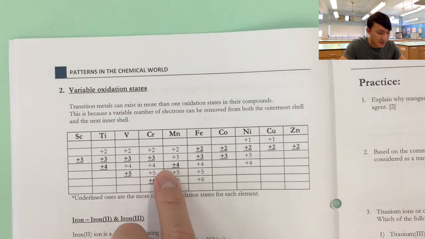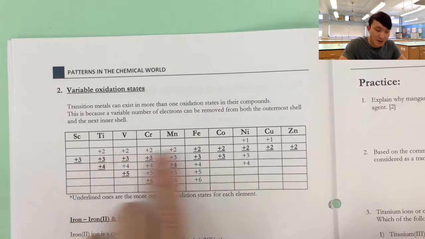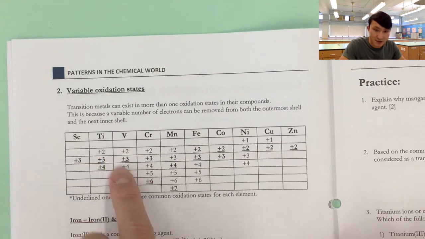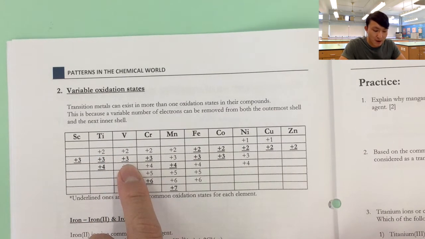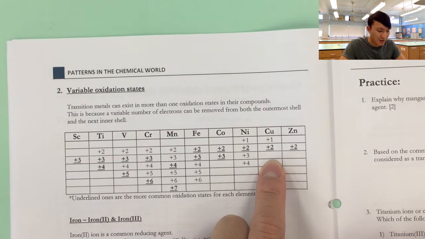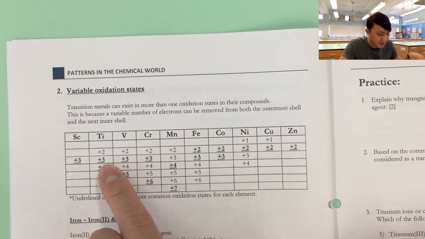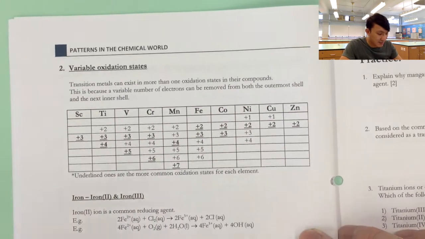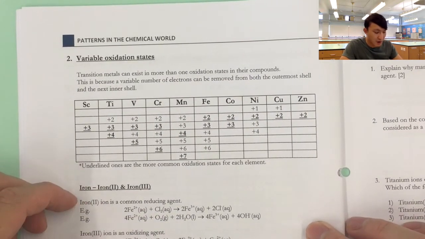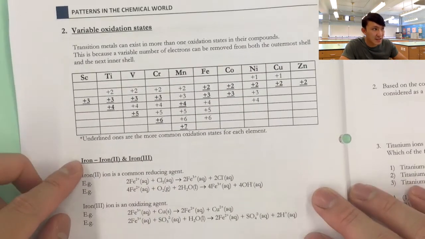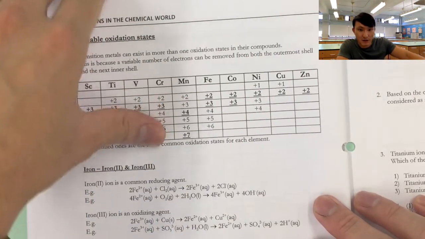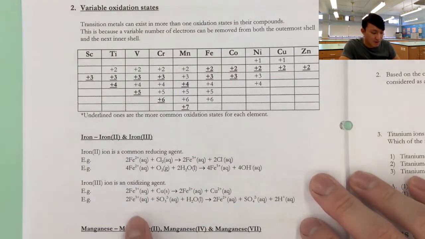You may realize that actually most of them can exhibit +2 and +3 oxidation states, except copper. Copper cannot. So I think you can at least memorize +2, +3. Okay? Now, down here, this is an example showing that, for example, iron can exist as iron 2 and iron 3 in a compound.